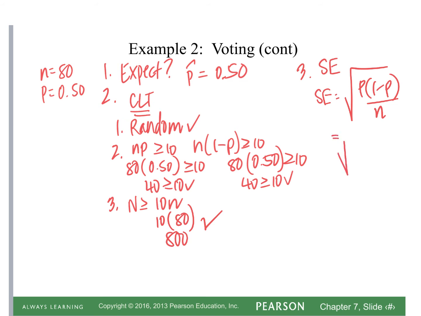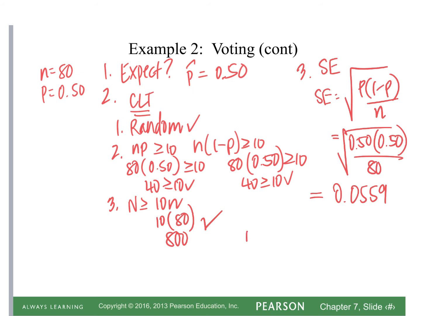And then the last question they were asking for was standard error. So standard error here, P is 0.50, sample size of 80. So for standard error, this comes out to be 0.0559 when you calculate that in your calculator.